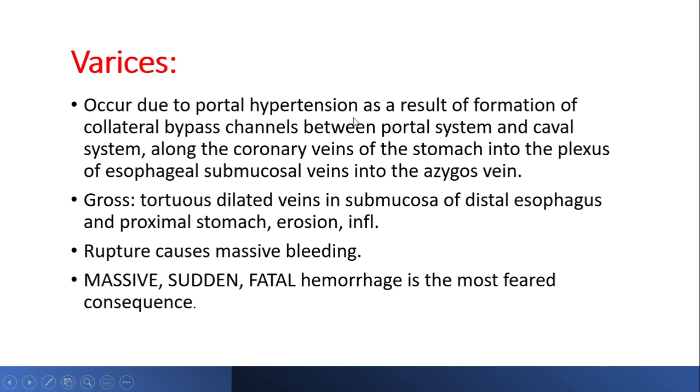Occurs due to portal hypertension, that is, increased blood pressure in the portal circulation, mainly in cirrhotic patients. There is a formation of collateral bypass channels between the portal system and the caval system, the inferior vena cava.